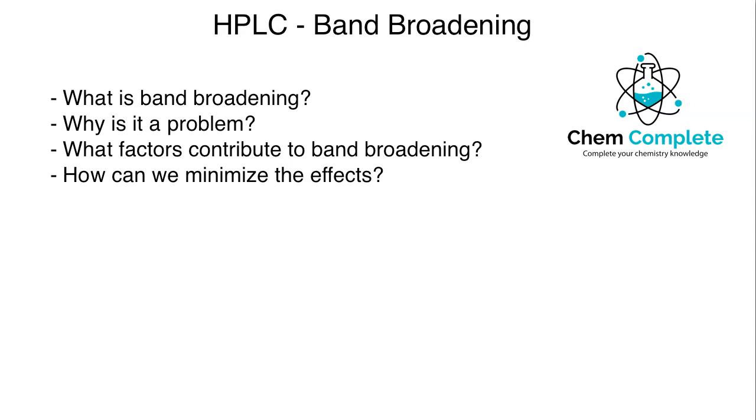So sometimes you can get peaks that are almost merging together due to broadening. Now, broadening is not the only thing that could be responsible for that. You may have poor separation conditions and you need to increase the retention time between those two peaks, but broadening can lead to issues similar to that.